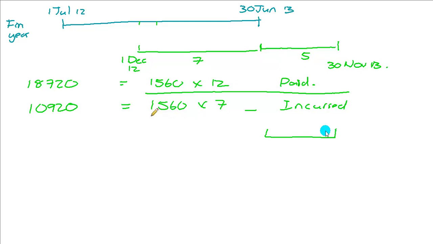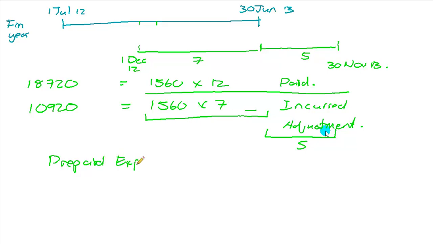The portion that we actually incurred was only these 7 months. Remember, we've only used the insurance services from the 1st of December to the 30th of June by the year end. We've only been able to use 7 months. So the portion that we've paid in advance is these 5 months here, and that is our adjustment. That specific adjustment is called prepaid expenses. Now the question is, what is this adjustment of prepaid expenses?